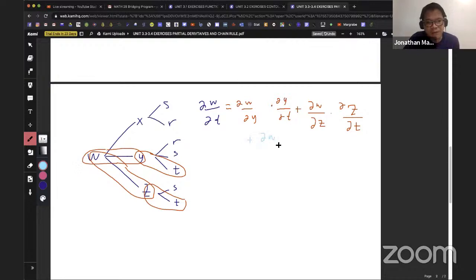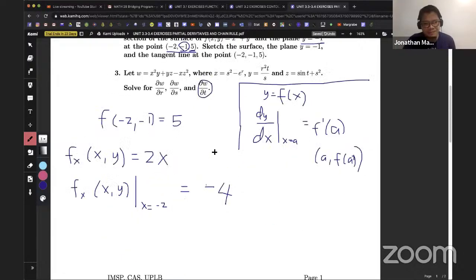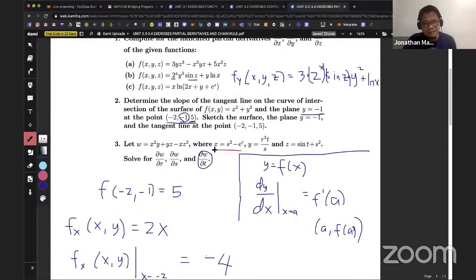Partial of W with respect to X times partial of X with respect to T. But, in this case, si partial of X with respect to T, kung babalikan natin yung function, okay, X is S squared minus T to the R. Wala siyang variable na T. So if you take the derivative of this with respect to T, ibig sabihin nito si S squared ay constant.